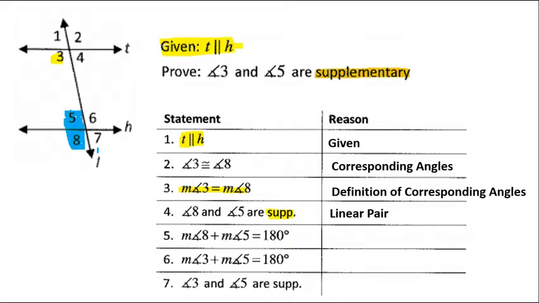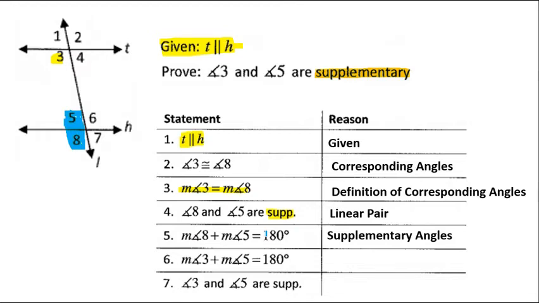And what's a linear pair? It makes a straight line, which means that a straight line measures 180 degrees. So in statement 5, they put angle 8 plus angle 5 equals 180 degrees, and that's just what supplementary angles are. They add up to 180 degrees.